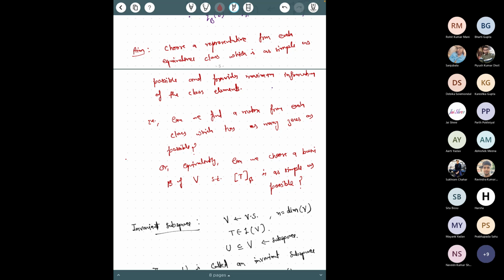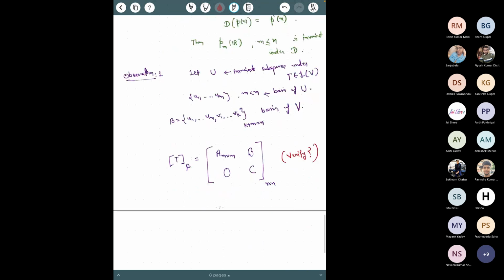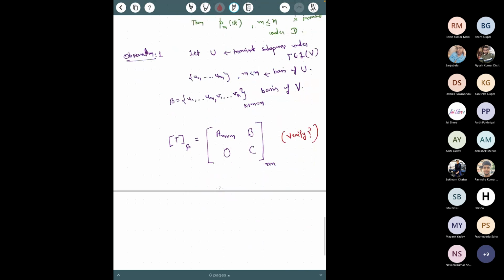We are trying to see whether we can find a diagonal matrix. If not, then what else can we do, what is the next best we can find? We don't know yet. But what we saw is that if we have an invariant subspace, and if we use its basis to construct a basis of the whole vector space, then we can somehow create zeros.